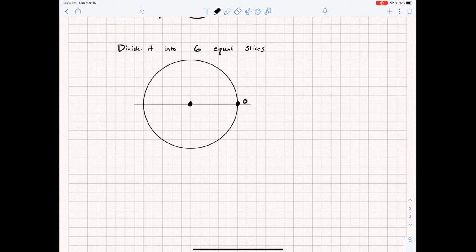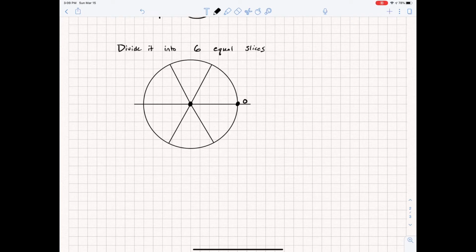Here's my center. And I'm going to go through and divide this into 6 equal pieces. So 6 equal slices going all the way around means that in the top hemisphere, I'm going to have 3 equal slices. So I'll put one slice approximately about right there, one slice approximately about right there, and then I'll continue one slice here, one slice here. As you can tell, this isn't perfect, but it'll at least get the point across.